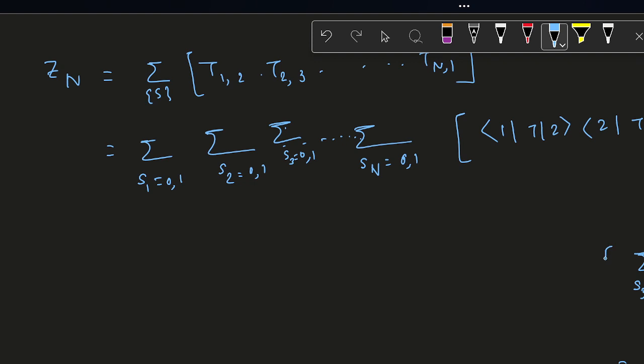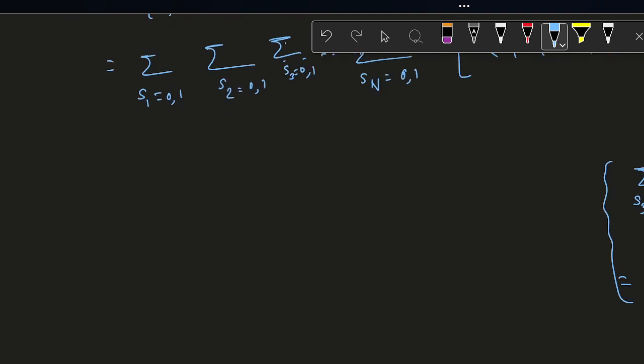So this is a general rule in matrices. If you want, you can verify whether it is true by taking a simple 2 cross 2 matrix and trying to get this product. You'll see that when you are multiplying T23 and T34, you have 3 common in both of them, and that 3 is basically your S3, which is summed over for the two configurations, 0 and 1, that are possible.